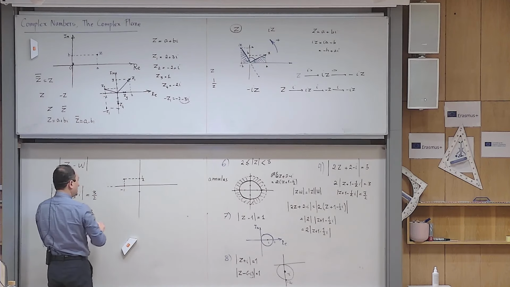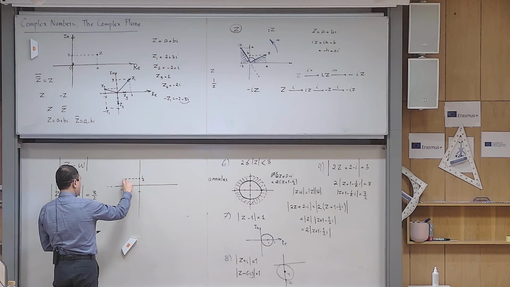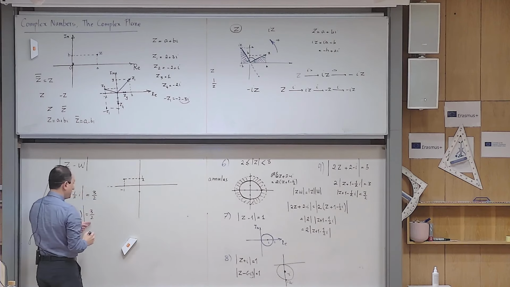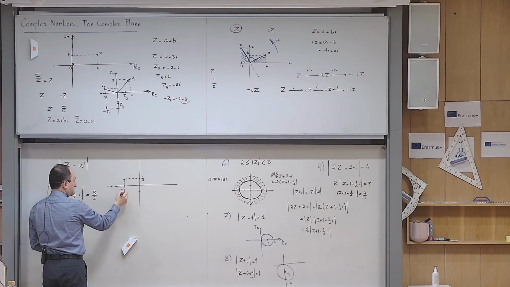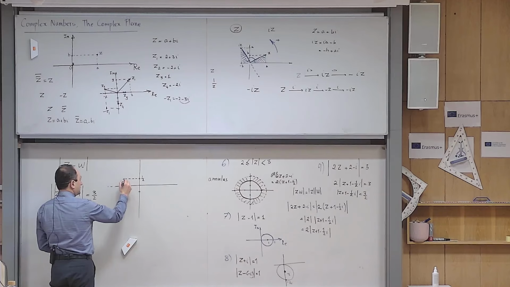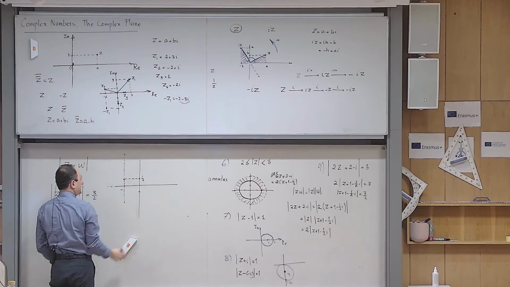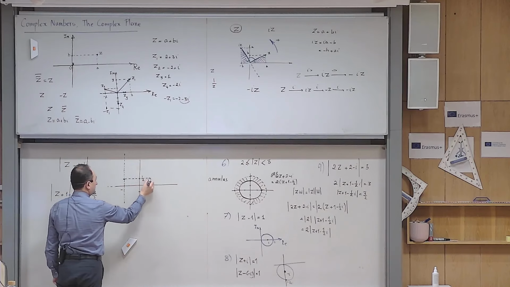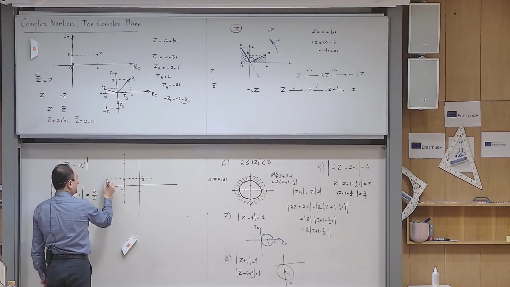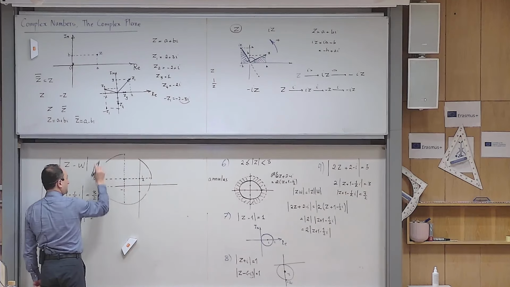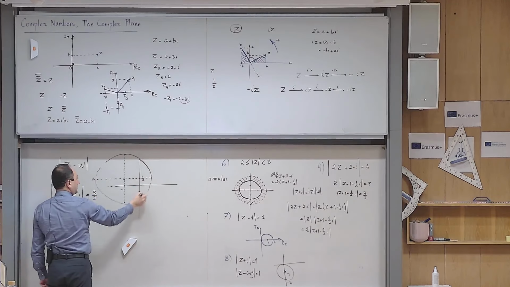So this is 1/2 unit, and because 3/2, this is 1/2, this is 2/2, this is 3/2, and then this is 1/2, this is 2/2, and this is 3/2, and then 3/2 here. So I don't know, you draw this circle, something like this. Okay?